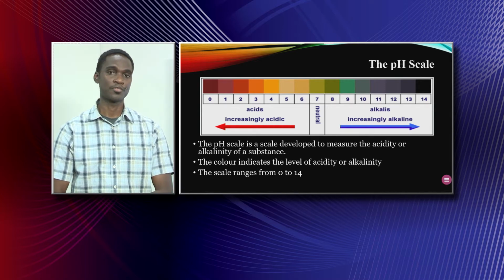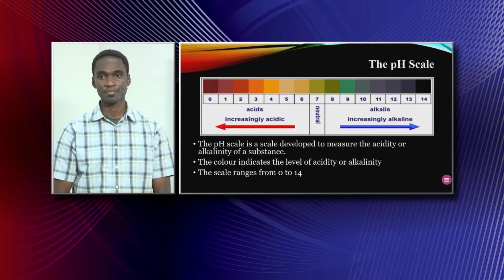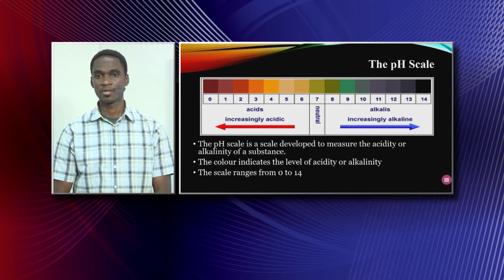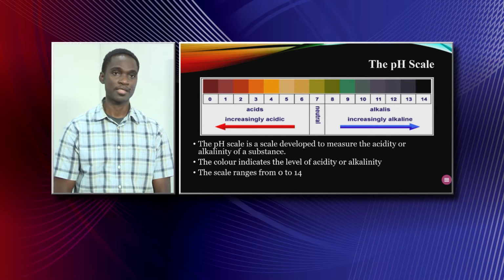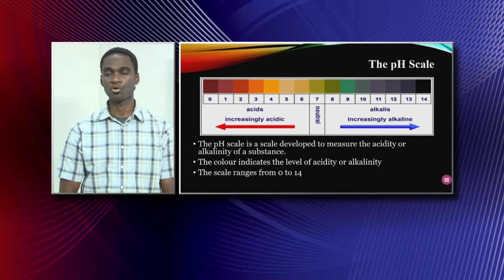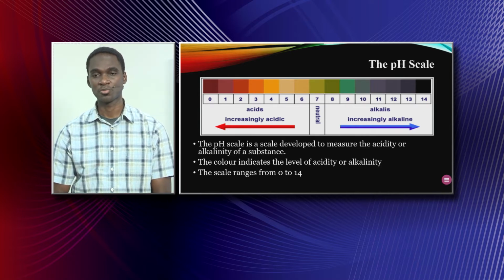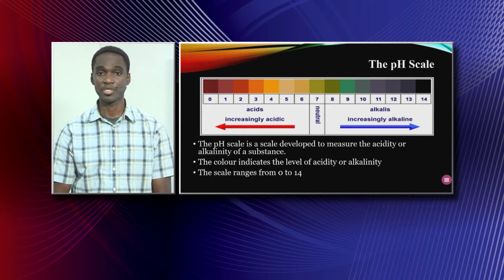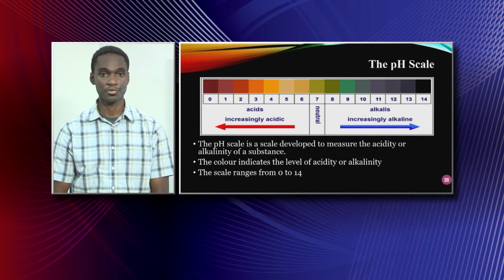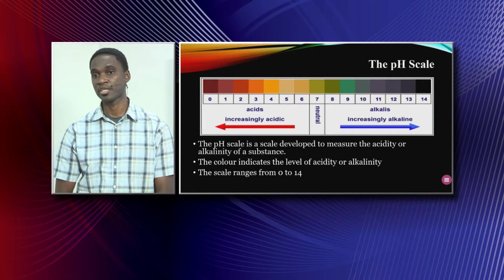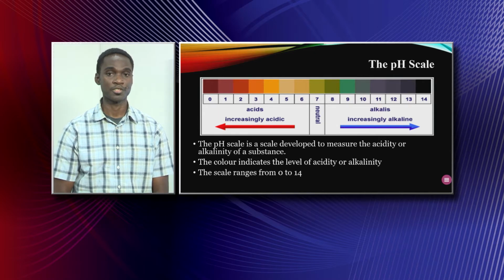Previously, we have used litmus paper. Litmus paper would only indicate that the substance is either acidic or alkaline. It would not indicate whether the substance has a pH of, say, 1, 2, or 3, or if it has a pH of 11, 12, or 13.